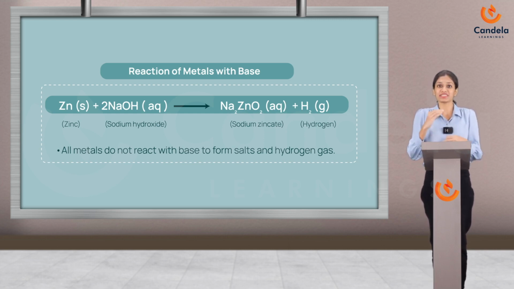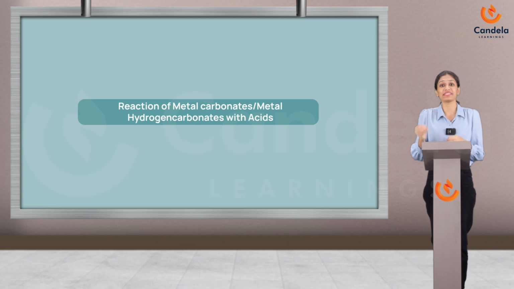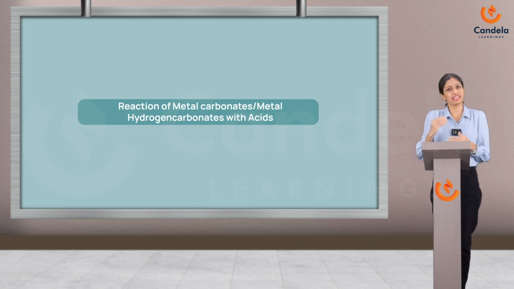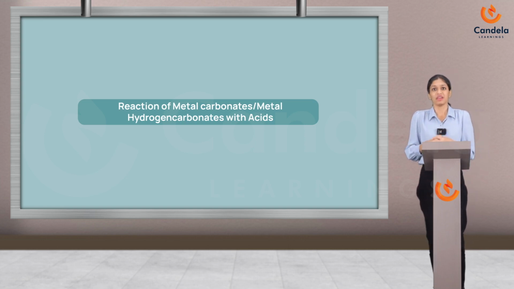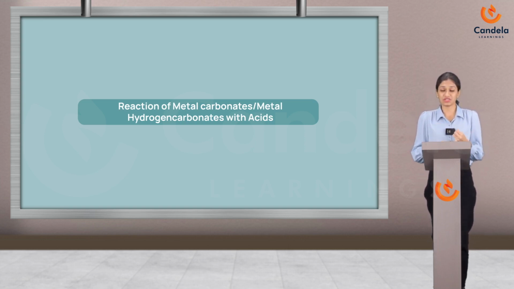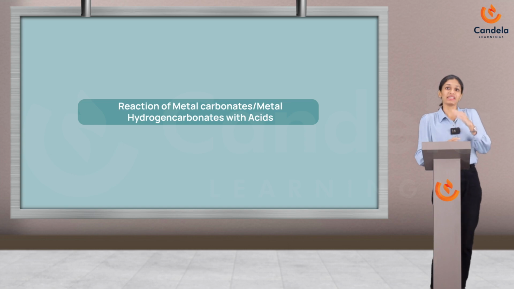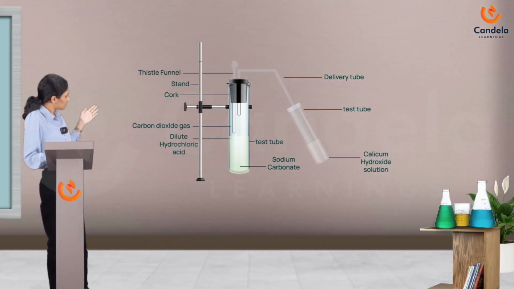Now let's move to the third chemical property of acids and bases, that is, the reaction of metal carbonates or metal hydrogen carbonates with acids. To understand this better, let's do one more activity. For this, you need a test tube containing dilute hydrochloric acid and another test tube containing lime water. The experimental setup will be like this.